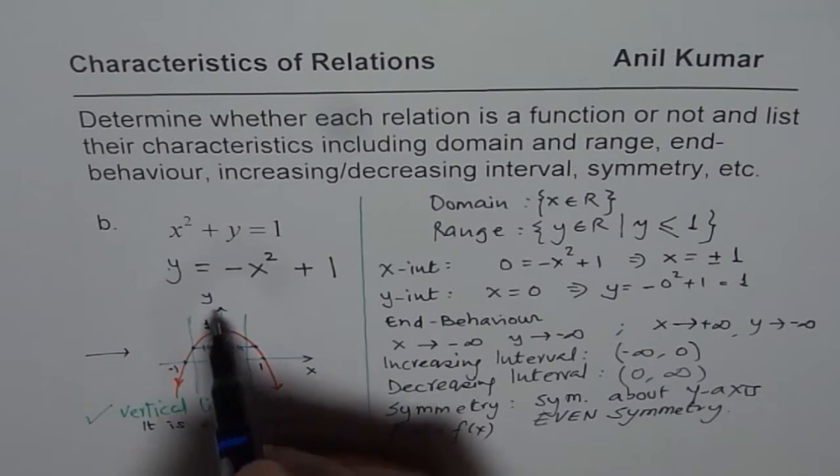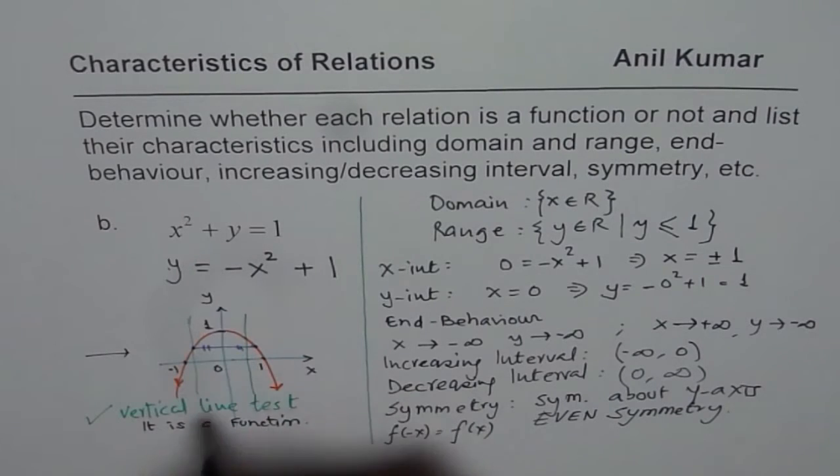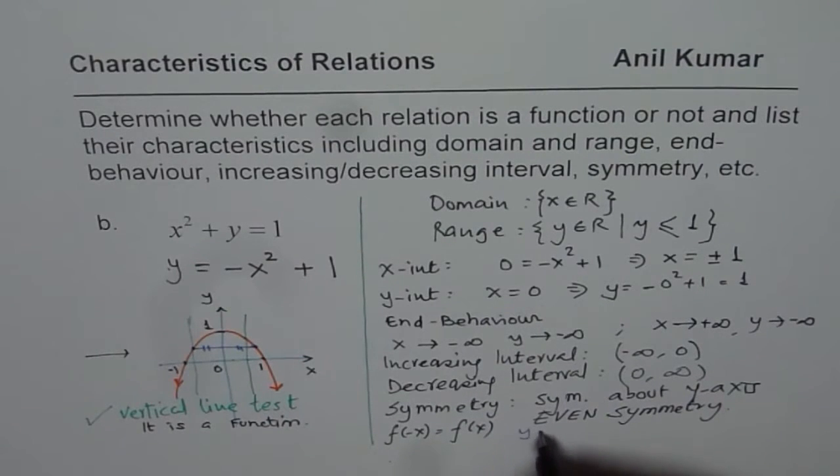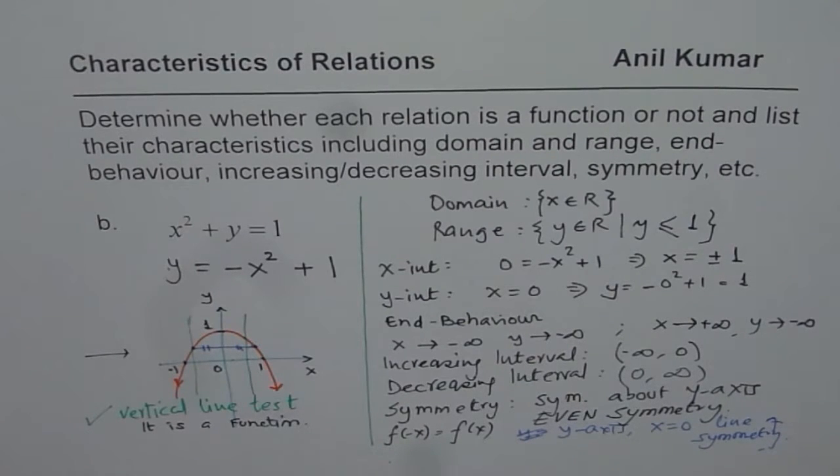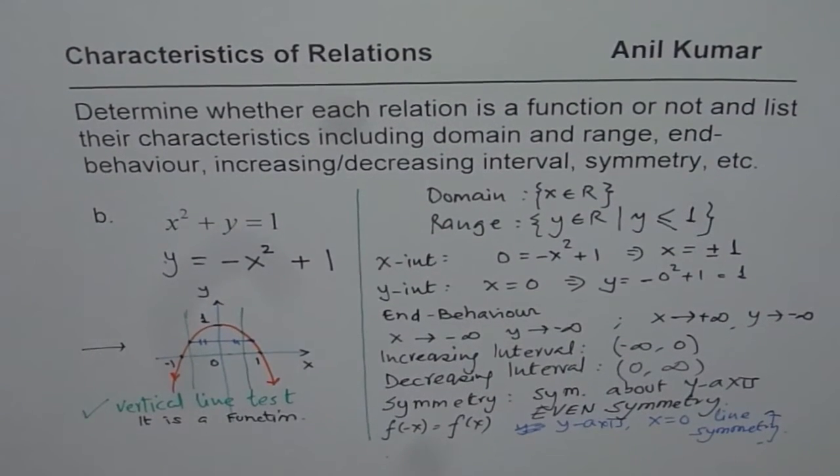And so it is symmetric about y-axis. So we say y-axis, or x equals to 0, is line of symmetry. Right, so that is how we can summarize some of the characteristics of this particular function.